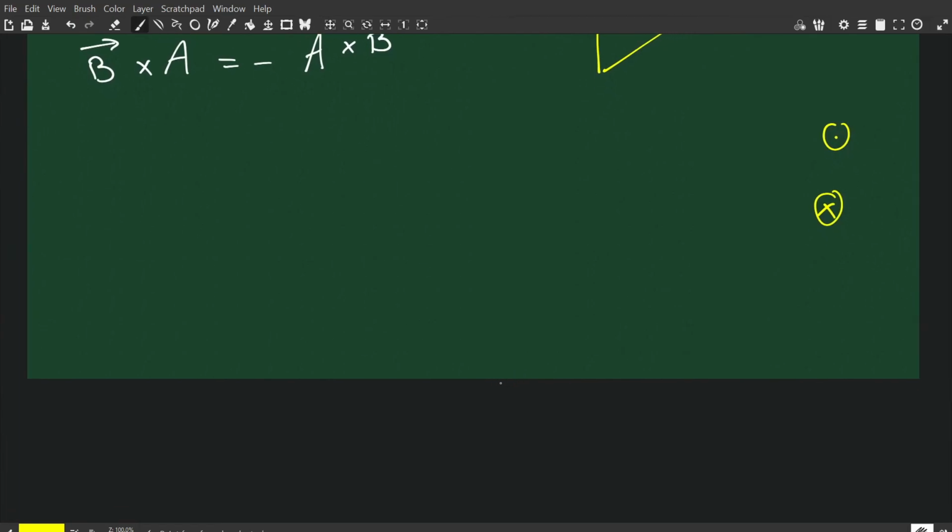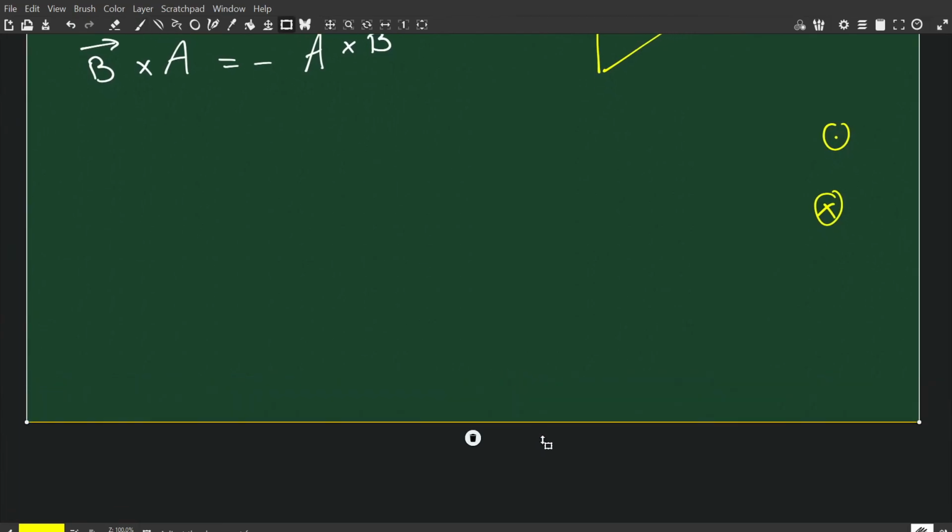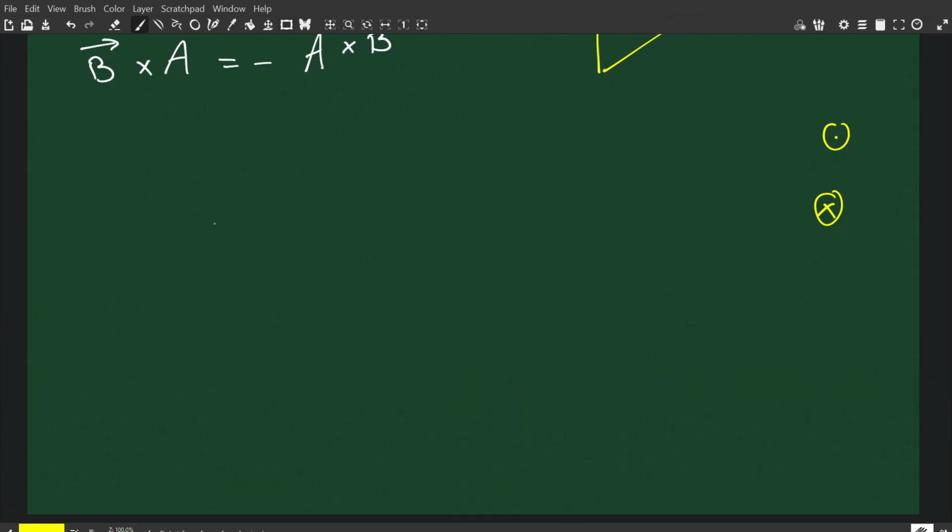But something else about cross product is this, which we will prove in another video. You can try to prove it by yourself, and you will see the answer and its proof in the next video.